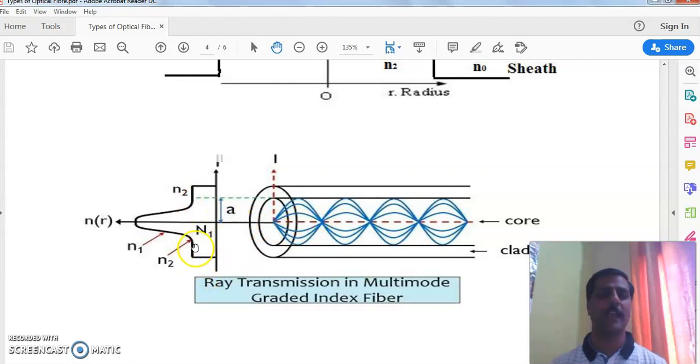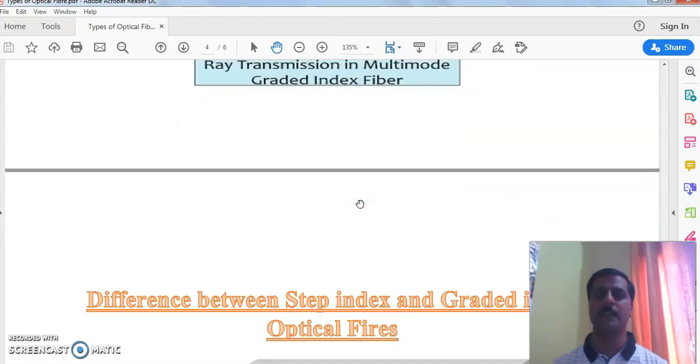You have to see the diagram, that is the axis, and it accepts a large number of modes. One advantage of that fiber is that the time taken by all the rays which travel through the core region is the same, they reach at the same time. Due to that, it is the most widely used optical fiber for communication purposes.